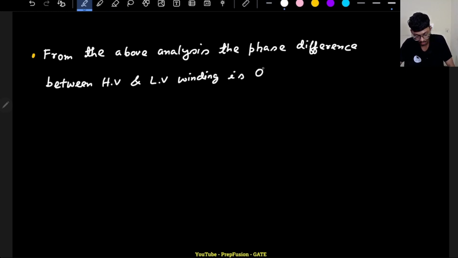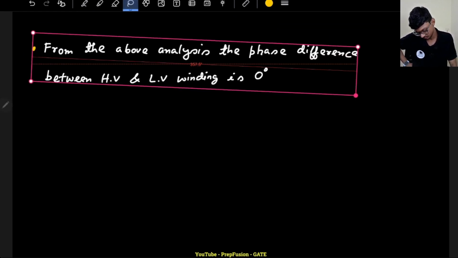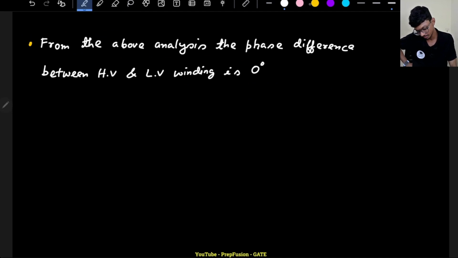So that was actually our aim, right? We wanted the phase difference between LV and HV to be 0 degrees. Okay, so that was our purpose, that was our aim. So we actually got our aim.